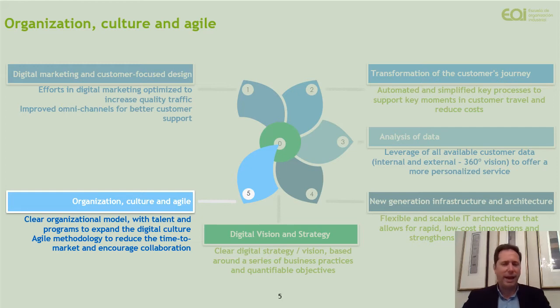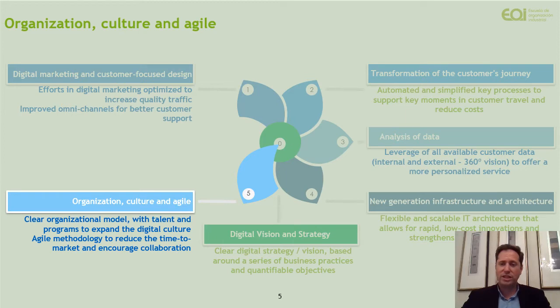Basically, everybody can buy new technology and put it into the organization. What is really difficult, and where most of the companies struggle to really deliver this digital transformation, is in the people, in changing the organization, the culture, and implementing new agile models in order to work.